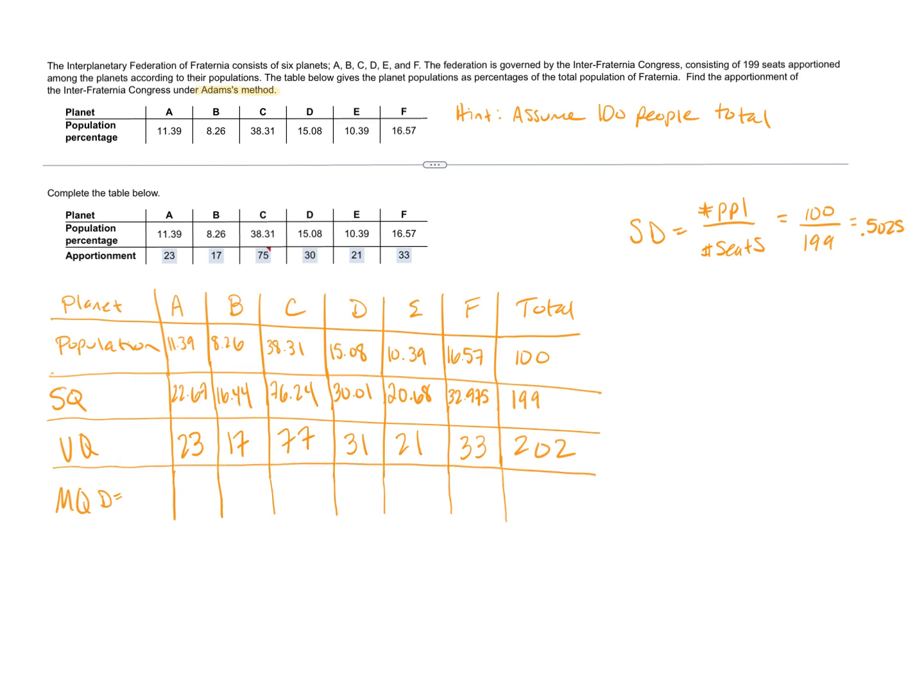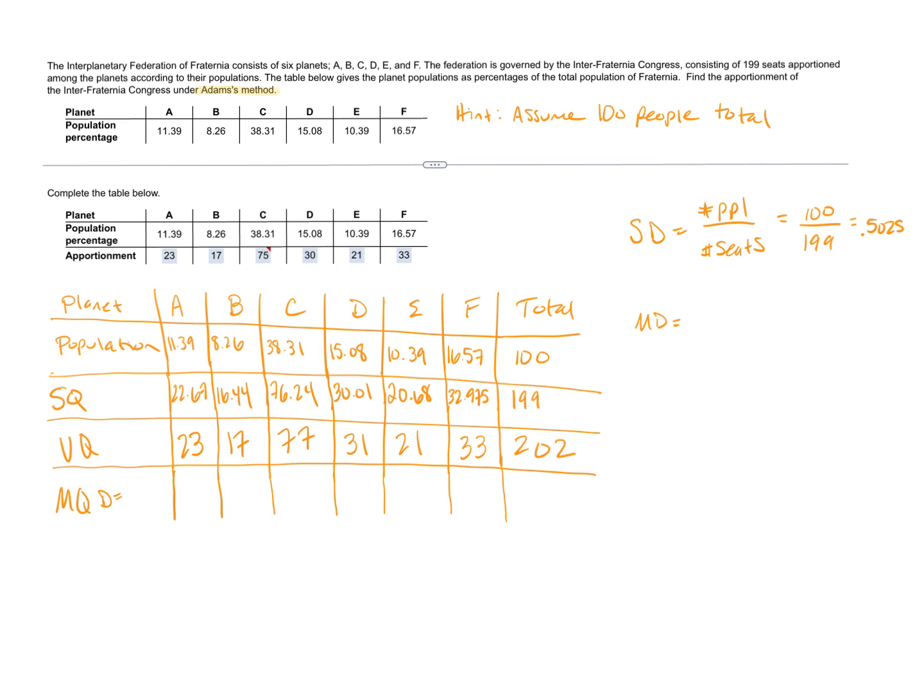A good place to start for your modified divisor is to change it by about 0.5% for each seat off you are. This isn't guaranteed to work. It's just a good place to start. This is a trial and error process. So 0.5% of 0.5025 is about 0.0025.